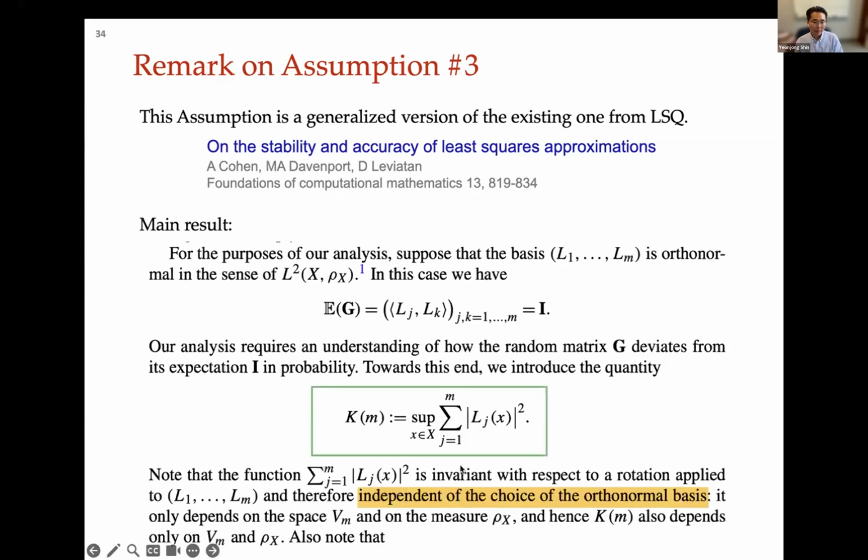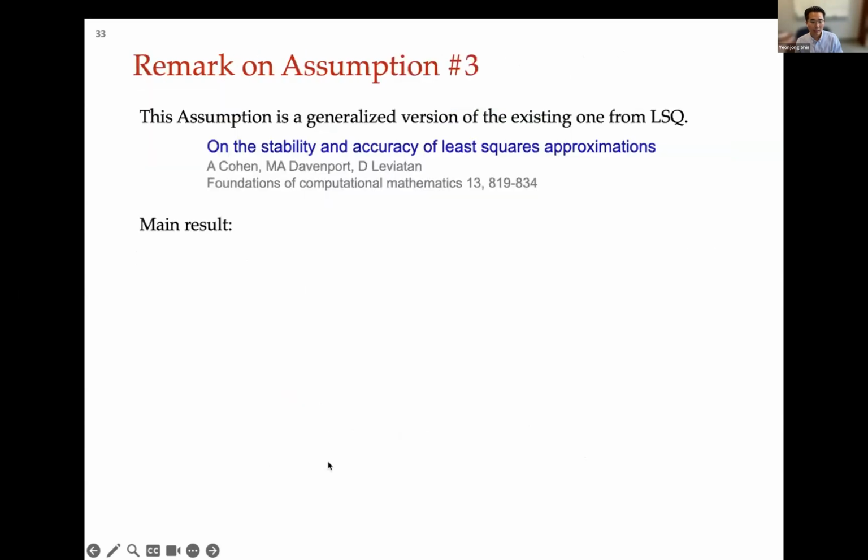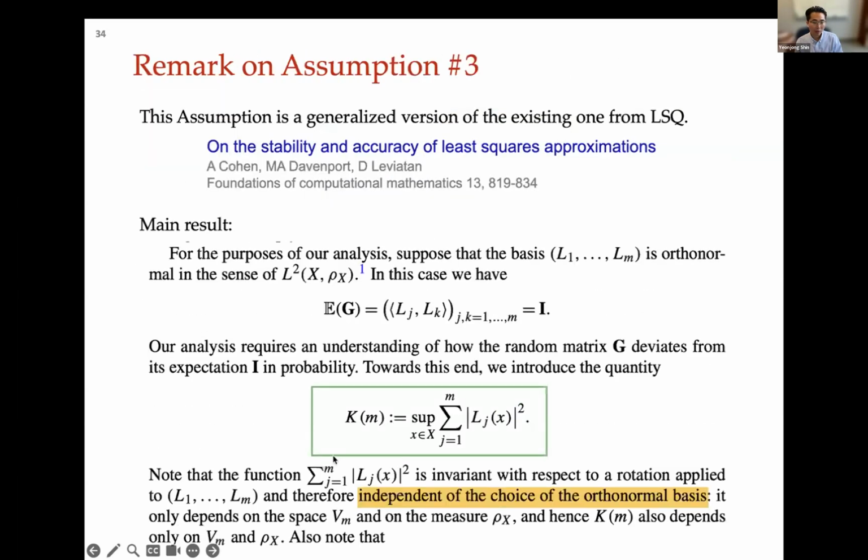In terms of stability, one of the core parts of their analysis is to bound the orthogonal matrix in terms of the expectation over the random samples. And this is the key quantity that appears. This quantity corresponds to the L2 norm squared, that is, the square summation of all of the orthonormalized trunk network functions, with the supremum over the point y.